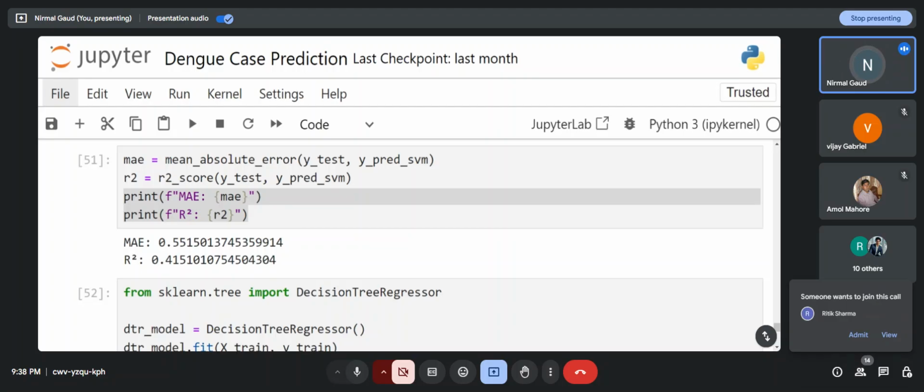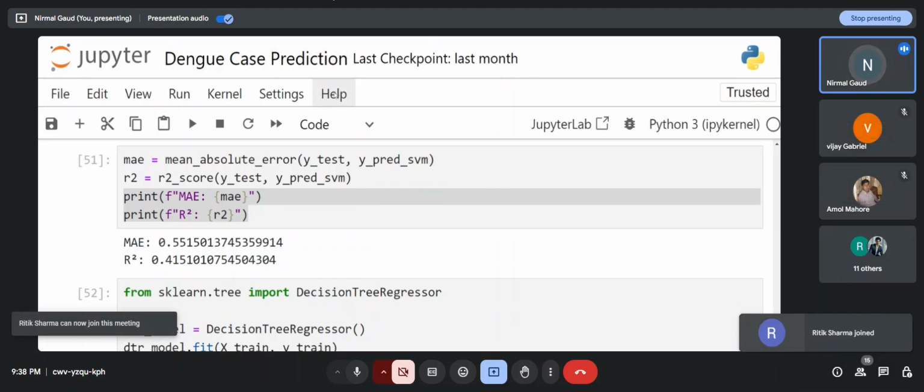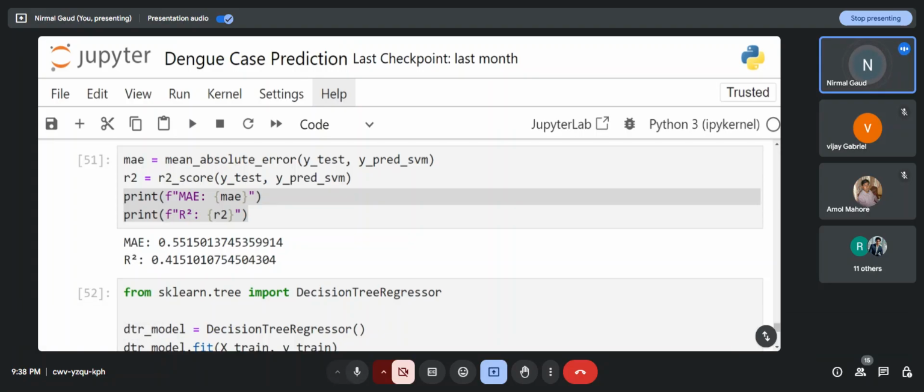This could be a question asked to you. What is the major evaluation criteria? The main evaluation criteria is MSE. If MSE is more, then only you go for MAE, else don't go. And R2 is just variance explained.